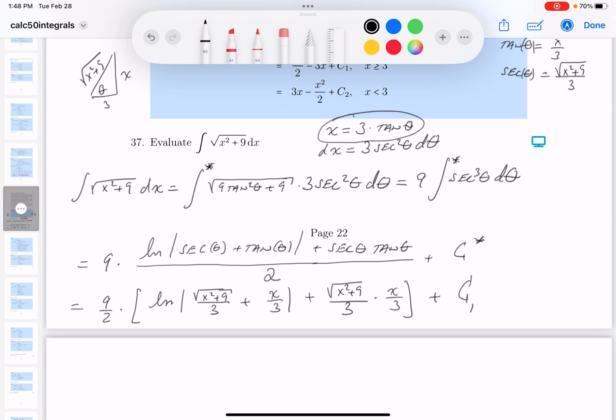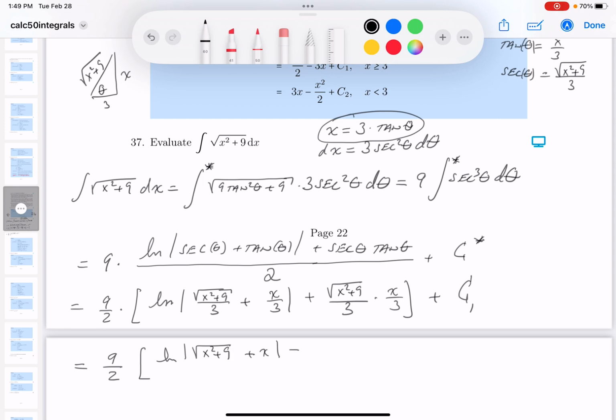All right? So I'm not done yet. And I want to write this down a little more carefully. I can write it as, let's see, 9 halves. And this is going to be the natural log of the x squared plus 9 plus x minus, I hope you know there's a fraction there.